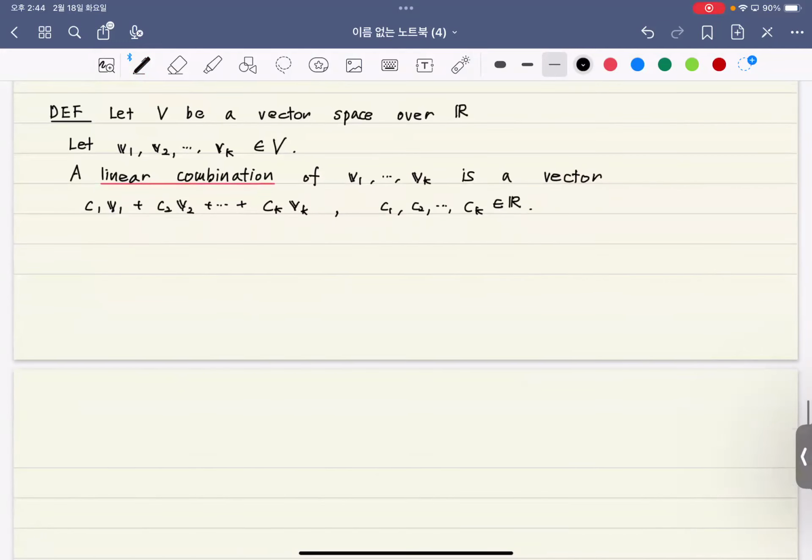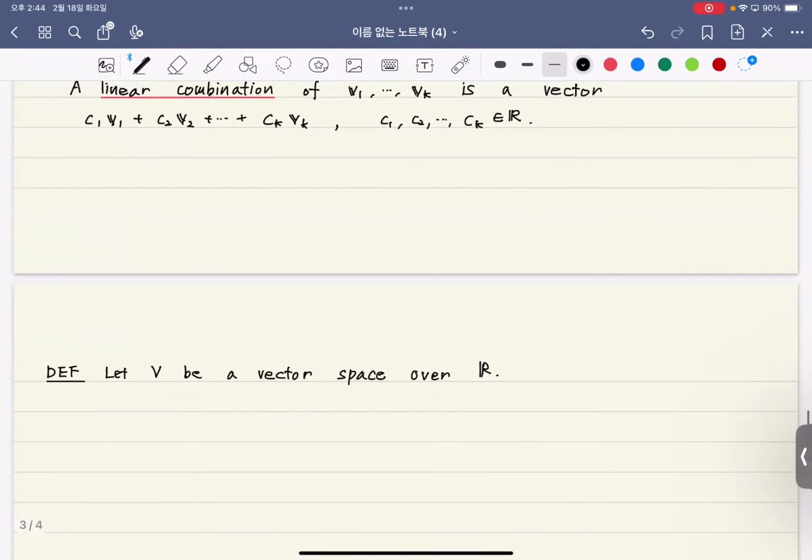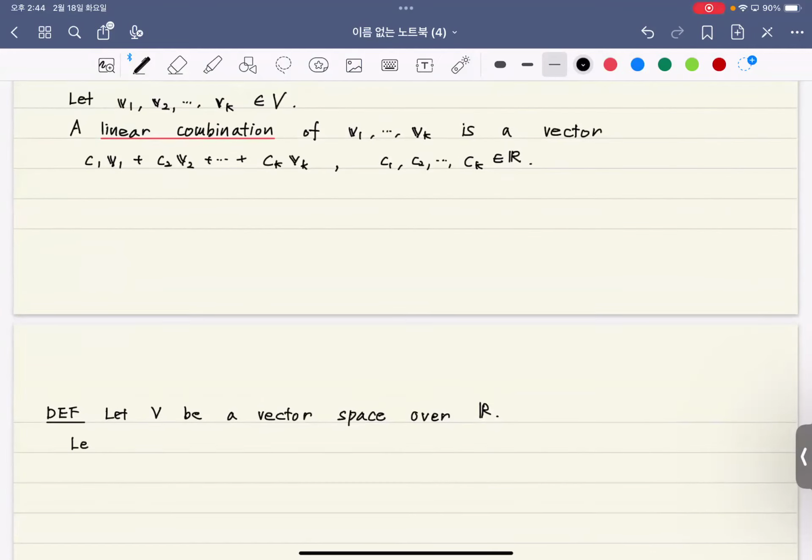Well, again, I have chosen k vectors from V. Now I want to define the word span.